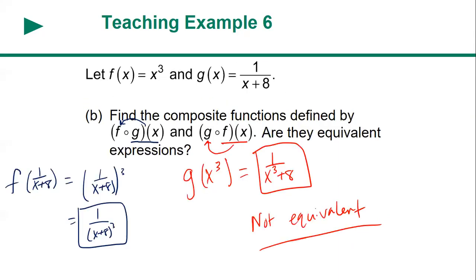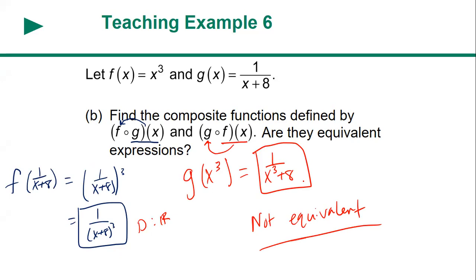So when we look here, the domain of this function, is there anything that would make this equal to 0? No. So the domain here is all real numbers, right?